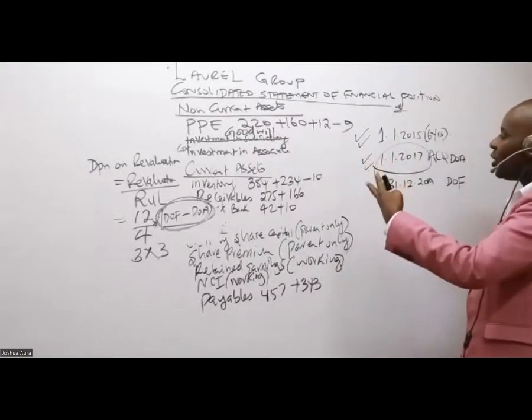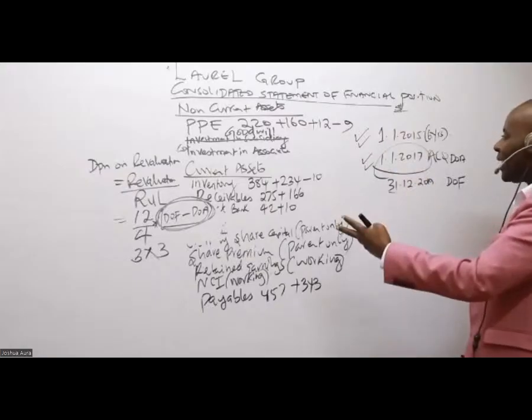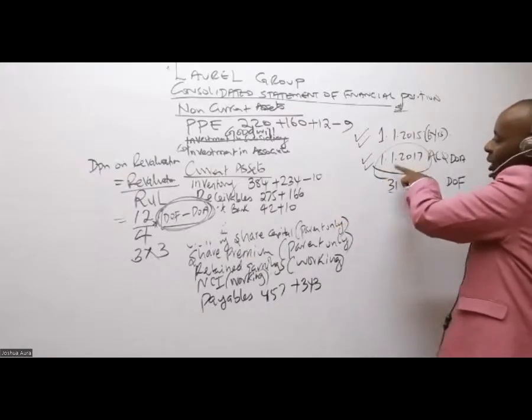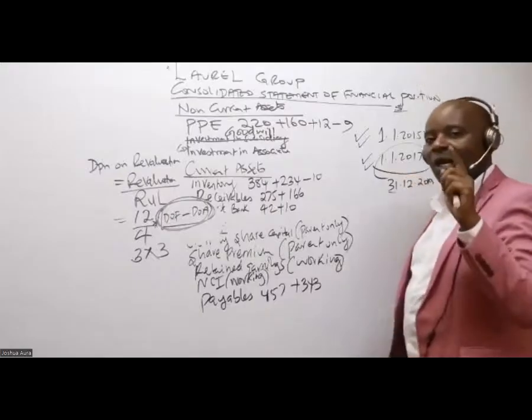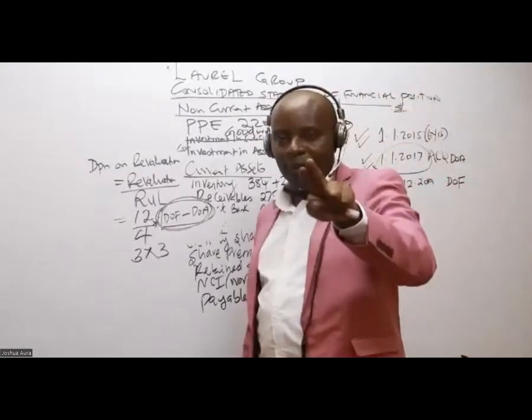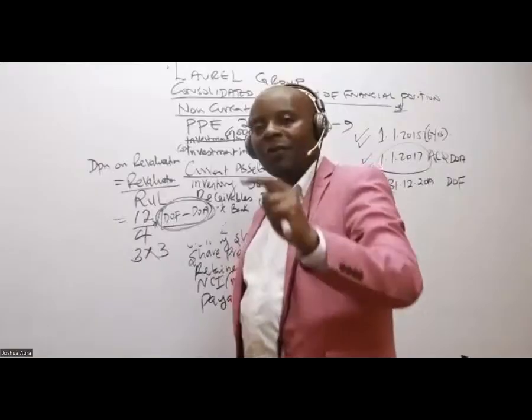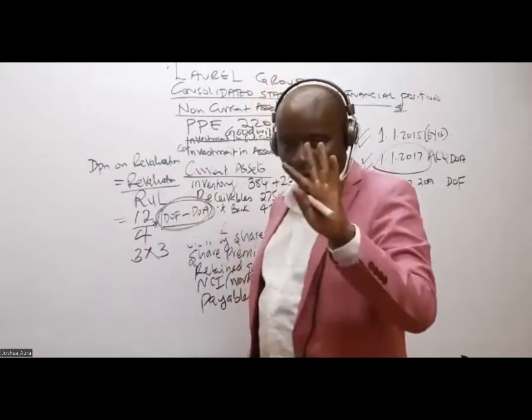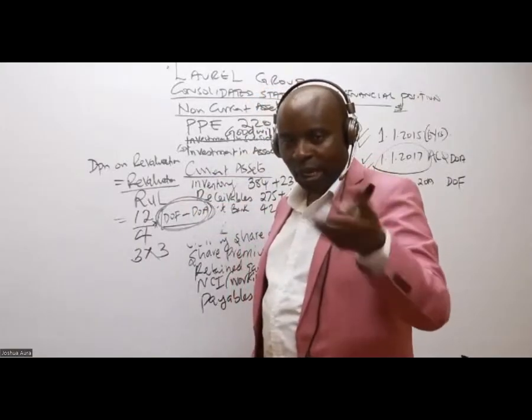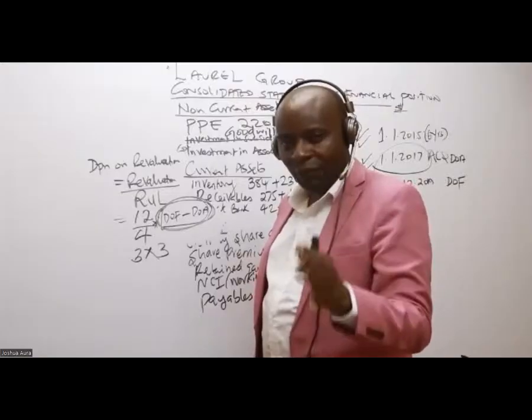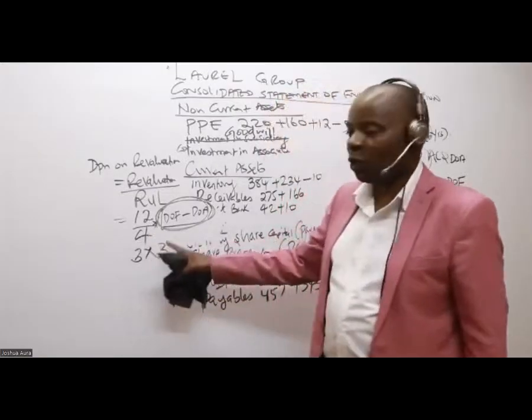The whole of 2015, the whole of 2016. Don't count 2017 because it's the beginning. By the time we are doing revaluation, already 2 years have lapsed. So the remaining useful life will be 4 years, because it is 2 gone out of the 6. That's how I got 12 over 4.